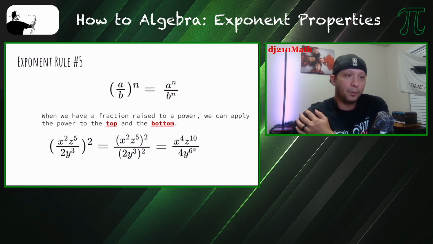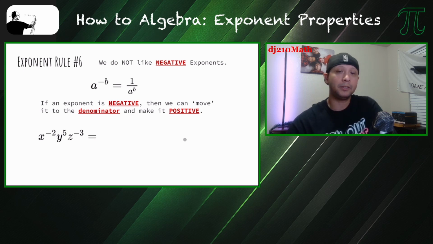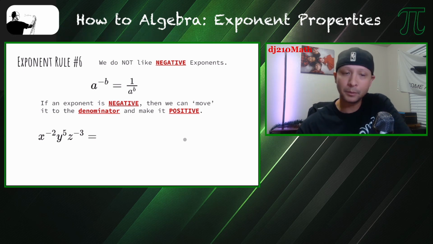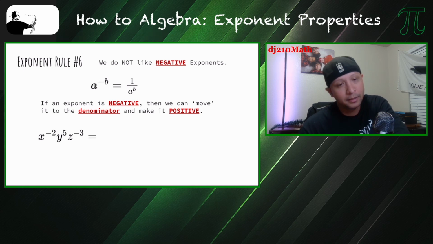All right, exponent rule number 6. We do not like negative exponents. We just mentioned this a few examples ago. So here, if we have a to a negative exponent, we can make the exponent positive and move it to the denominator, or move it to the denominator and make it positive, however you want to look at it.